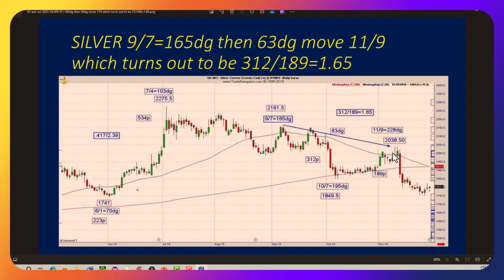It works better than you could possibly imagine, is this thing called replication. Replication is where the market, and I'm talking about all markets, replicates the same number over and over in different ways. For instance, in this case, you have the Gann vibrational day of the year.